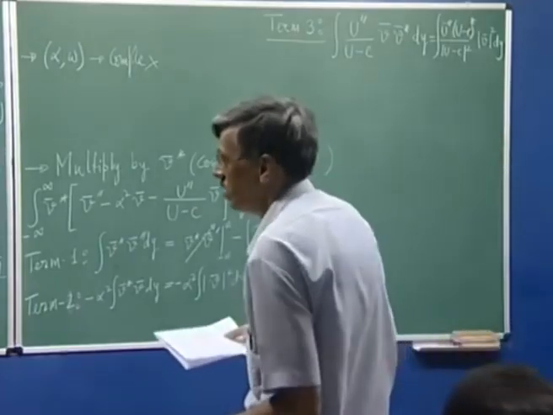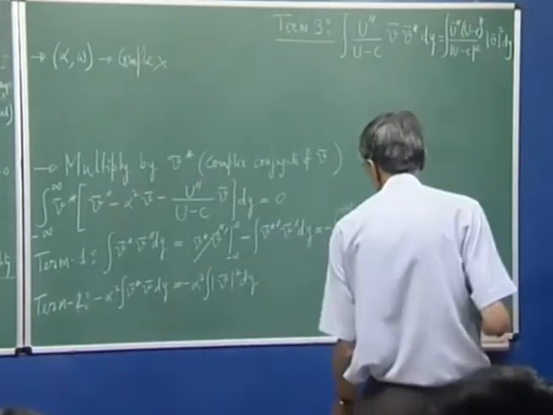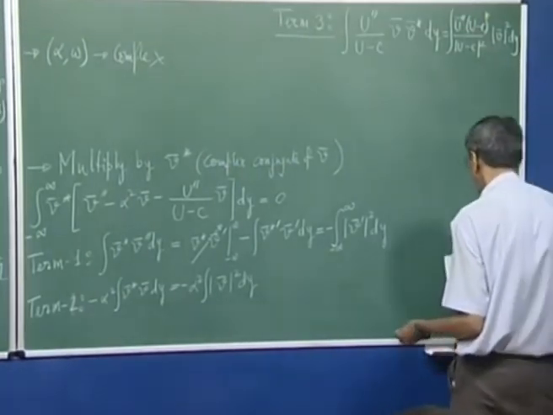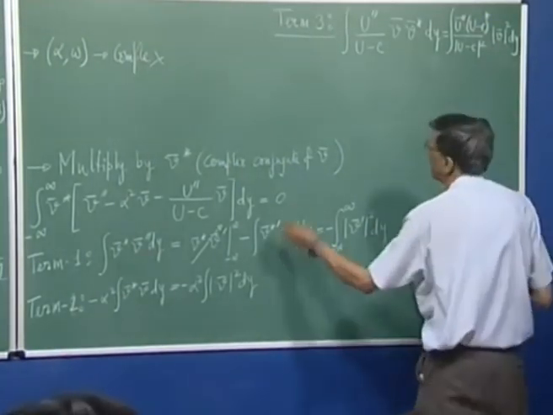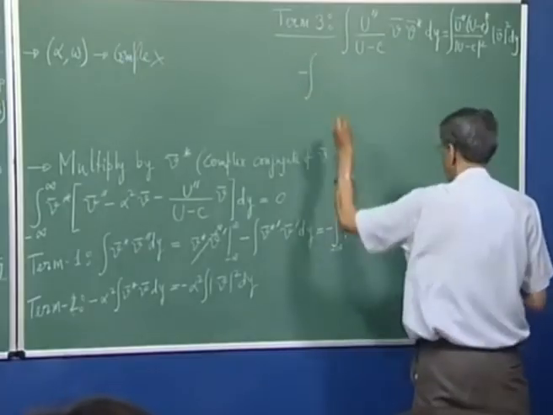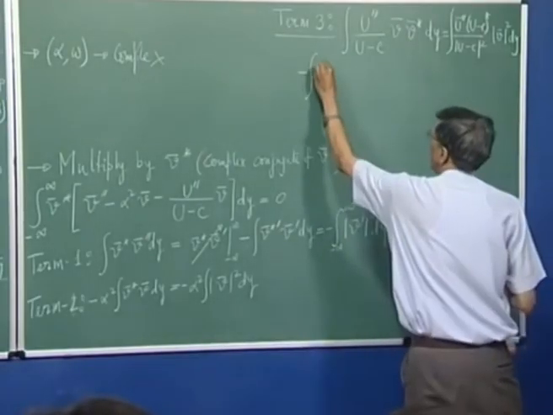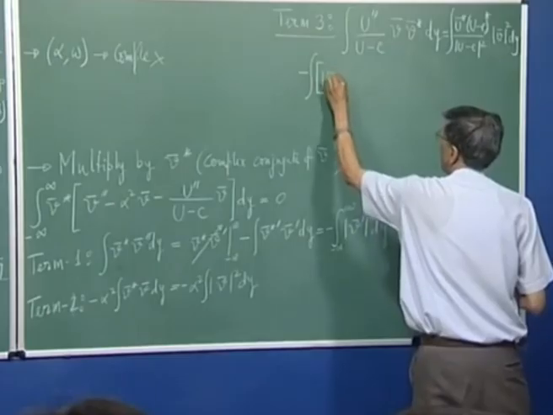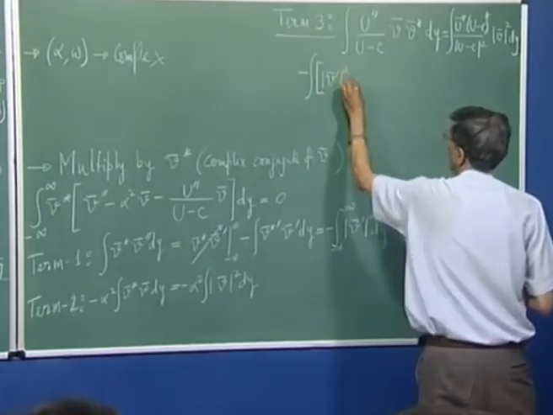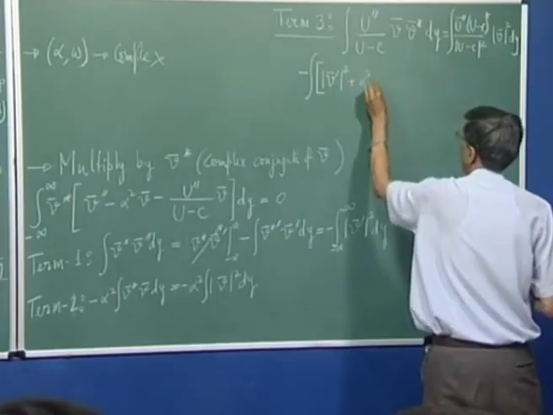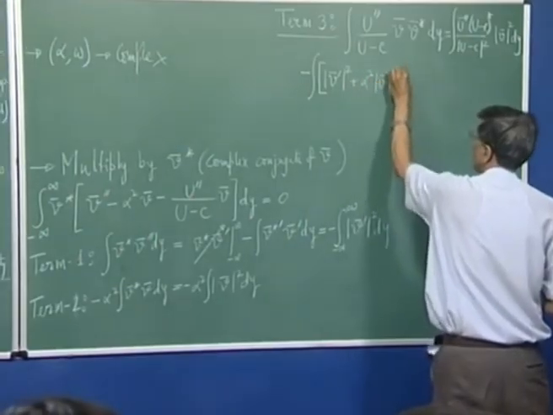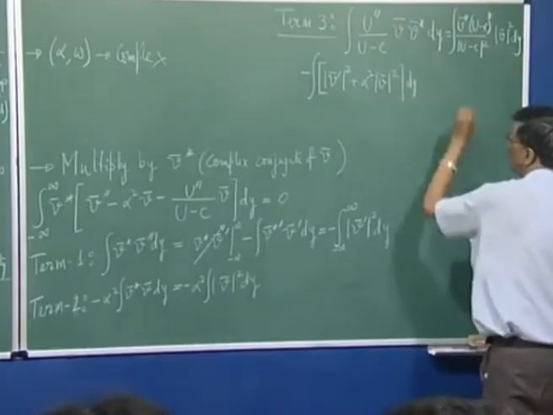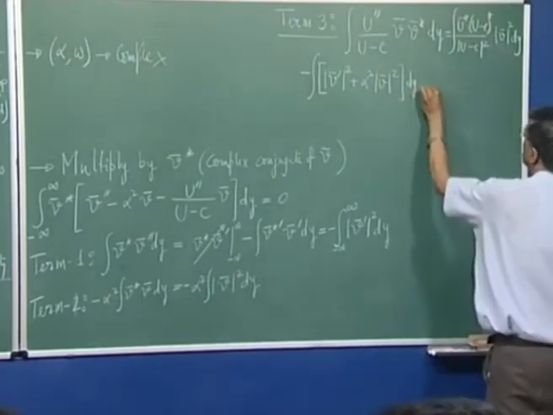So, now you can collect all the terms, the first term, the second term and the third term. What do I get? This is negative, this is negative. So, I will take a negative quantity together, and inside I have v bar prime squared plus alpha square v bar squared, that is that, and this term is this.